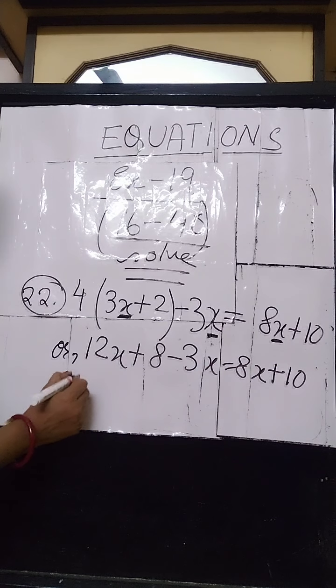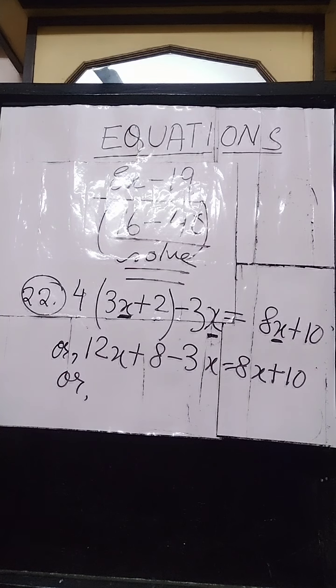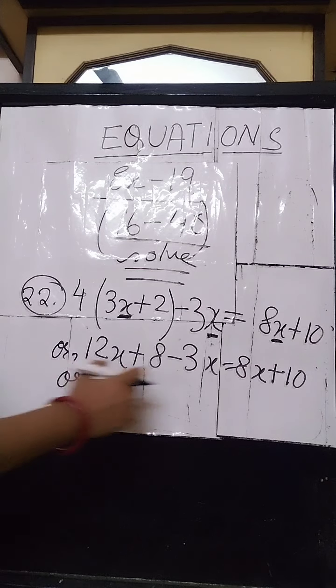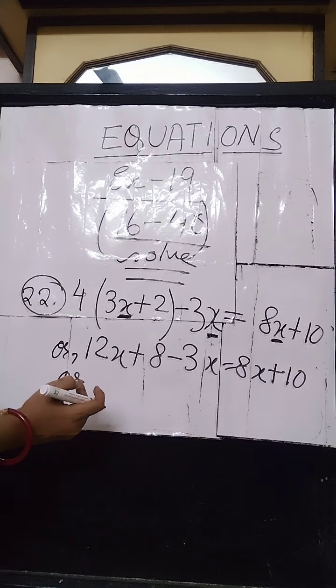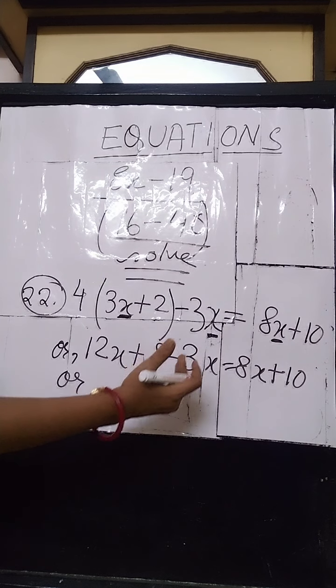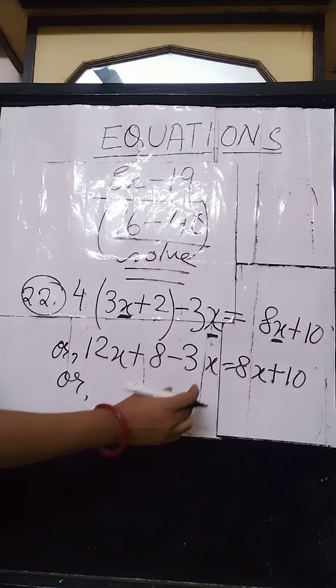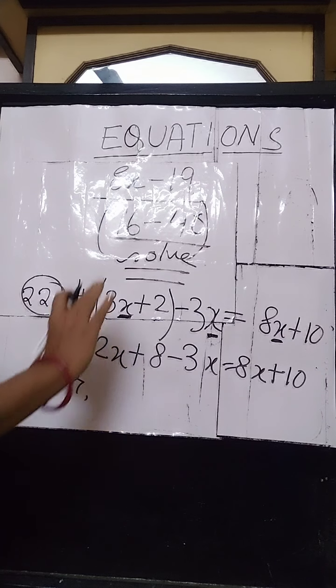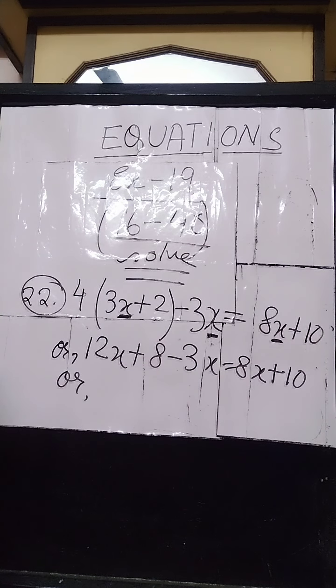Next step, what you will do is bring all the algebraic variables to one side, and shift all the constants to the other side. If you shift all the variables to the left hand side of the equals sign, then try to keep all the constants in the right hand side of the equation.